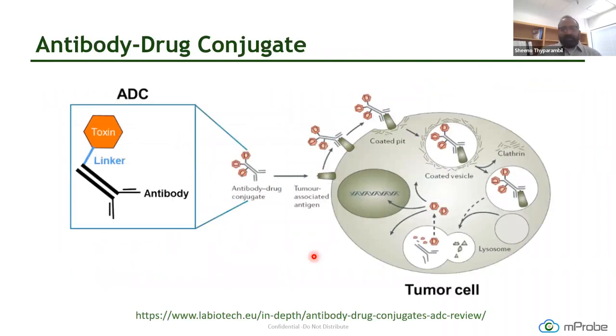Let me switch gears a little bit here. I don't know if anybody has talked about antibody-drug conjugates. An antibody-drug conjugate essentially is an antibody that is linked to a toxin with a linker. That's just the basic format of the drug. The antibody goes and binds to, let's say, HER2 in this case, and then it gets internalized, and the toxin gets released.